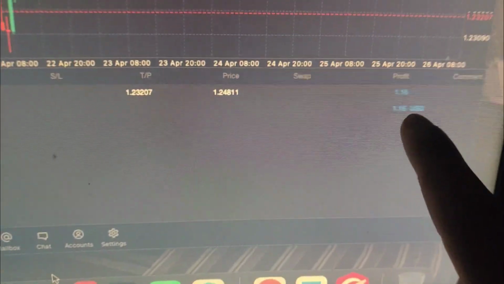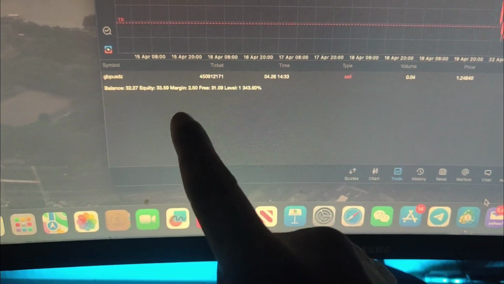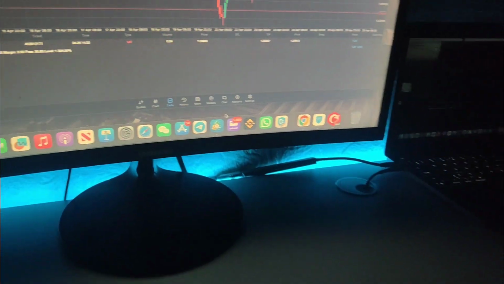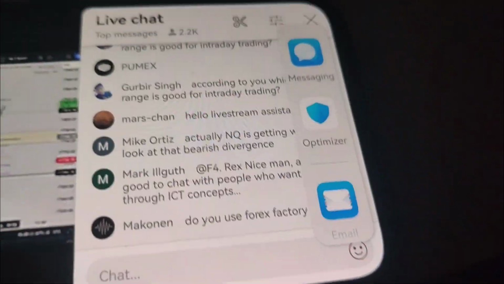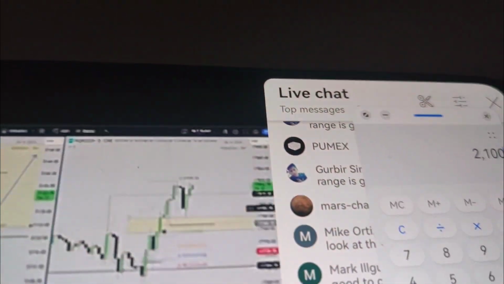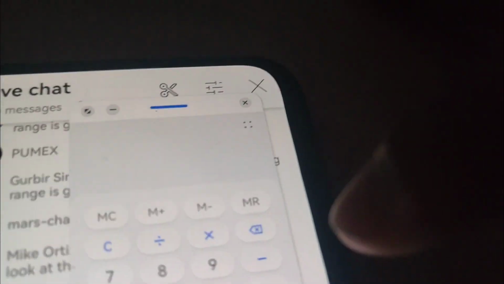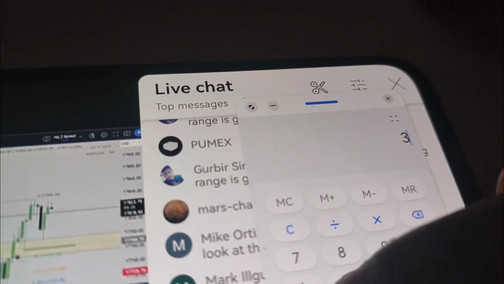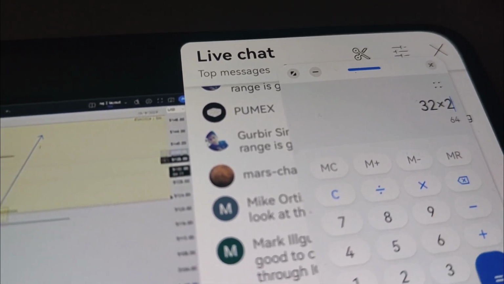For a sell, the goal is to make 2 times the risk, and that means the goal is to make... Let's go to the calculator so we can make it clear. So this is my calculator. So 32 multiplied by 2 is $64.